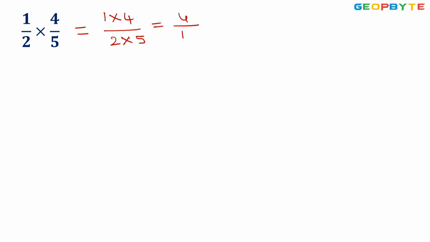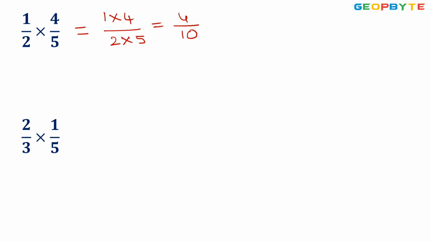Next. 1 by 2 into 4 by 5. Again, product of numerators 1 into 4 by product of denominators 2 into 5, which is equal to 4 by 2 5s are 10. So 4 by 10 is the result of 1 by 2 into 4 by 5.